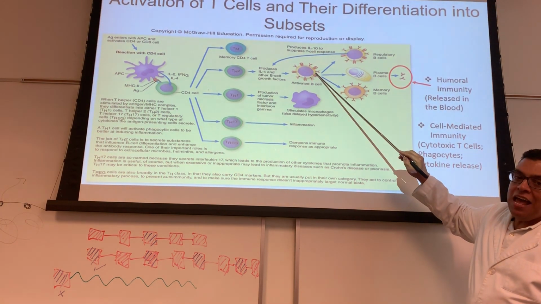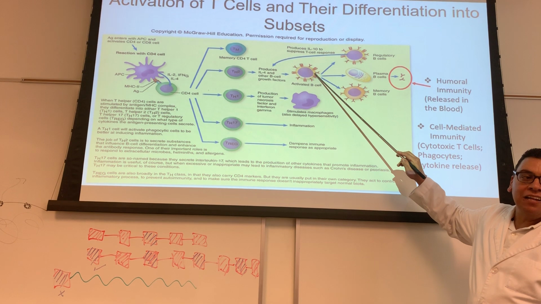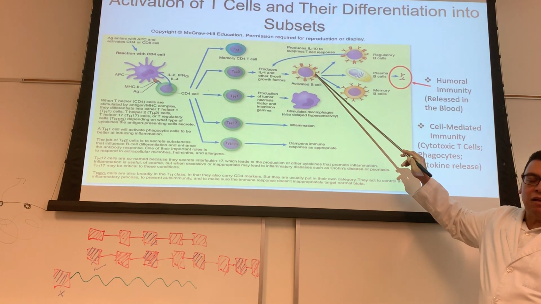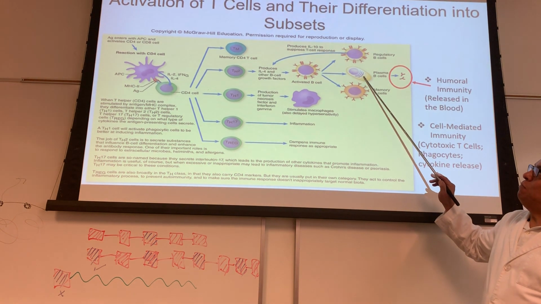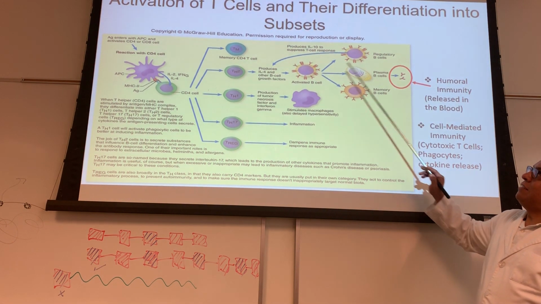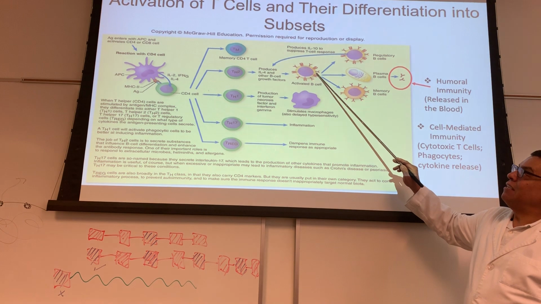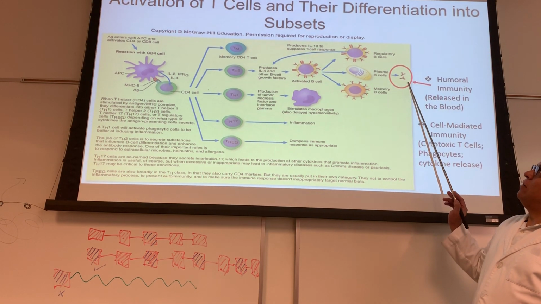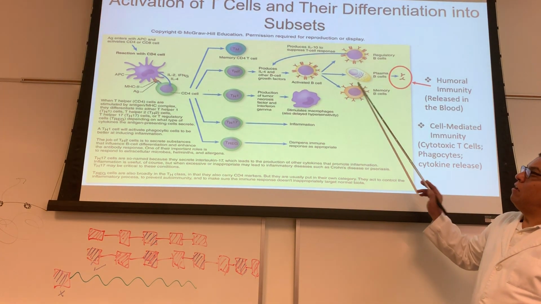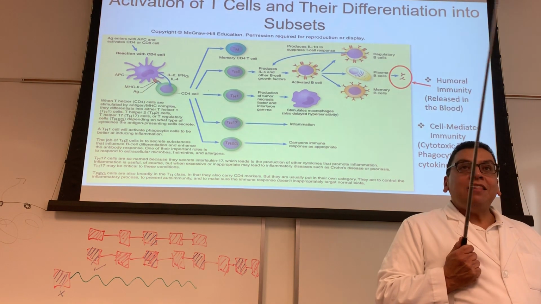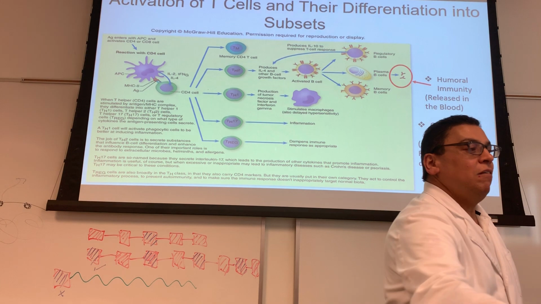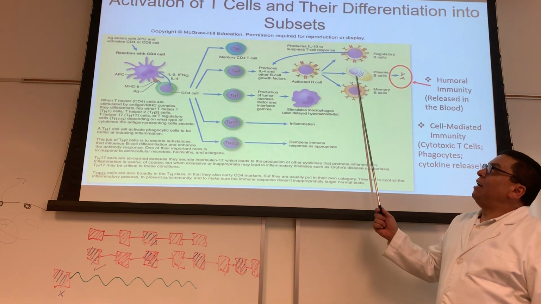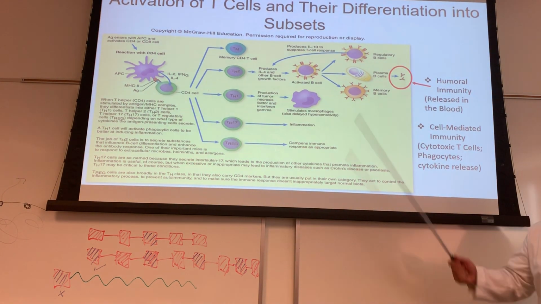It is attached to the surface of your B cell. And it differentiates into a plasma cell. It's the same antibody, but the only difference is this is attached and that one gets secreted. This one will not attach to the cell. It actually starts throwing it into the blood. So the plasma cell is the one that starts releasing the antibody into your blood.